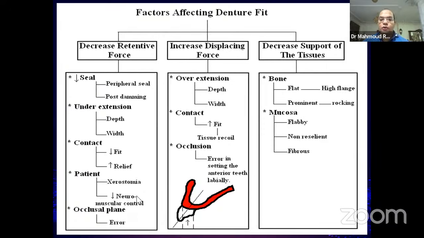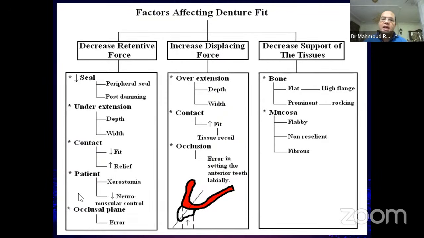If the patient has xerostomia, as we said before, there is no film of fluid between the denture base and the mucosa, and there is no physical means of retention here. If the patient has low neuromuscular control or neuromuscular accommodation to his denture, the neuromuscular accommodation is a great ability for the patient to maintain his denture. And this is a gift from God.